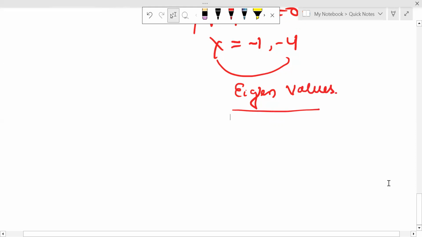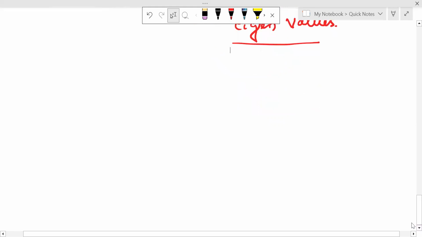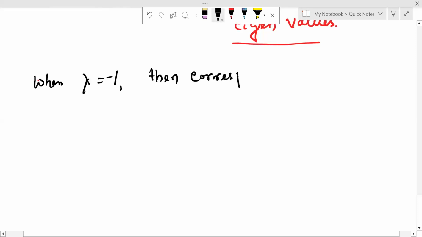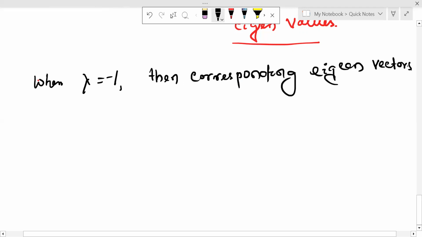Then the corresponding eigenvectors you need to evaluate here. What are the corresponding eigenvectors when lambda is equal to -1?